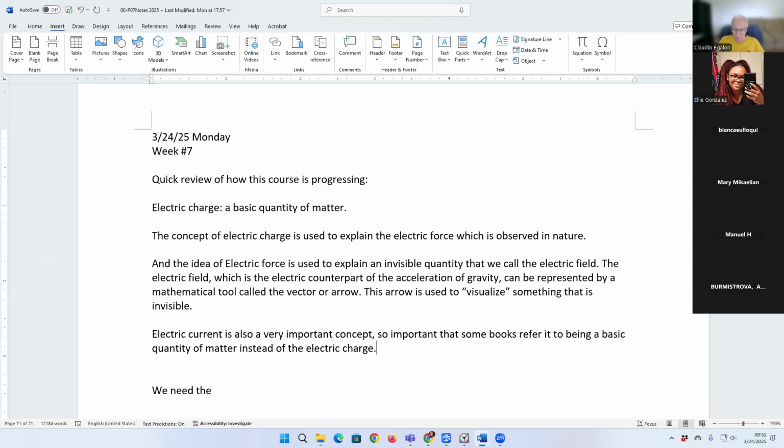And then there's something else very important about the electric current. It is the actual source of the magnetic field, okay?